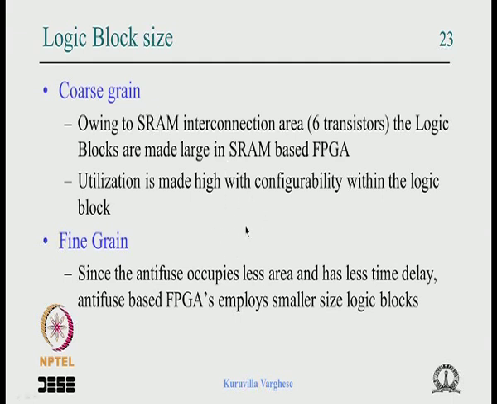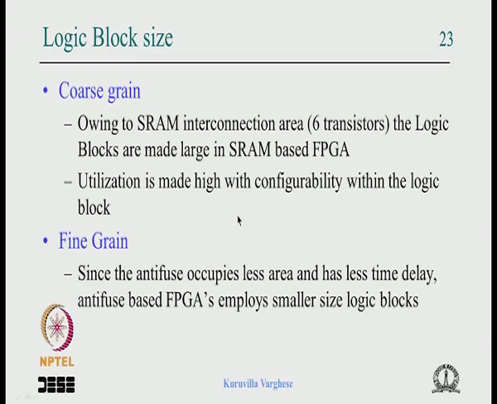If you make it small, then the switches and associated circuitry will be quite huge in comparison with the logic. The antifuse vendors will make the logic block small so that less is wasted, and they will make sure that nothing is wasted. There will be a lot of configurability so that things can be used partially, split into 2 parts, or you can use a combinational line and flip flop separately or put them together.